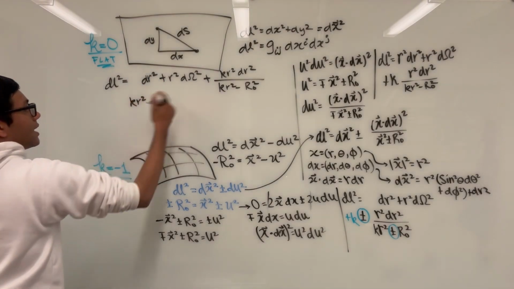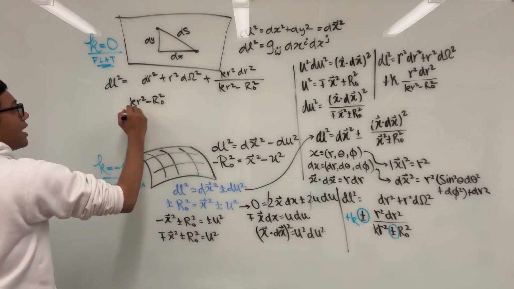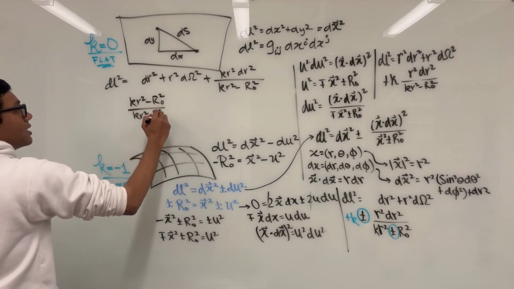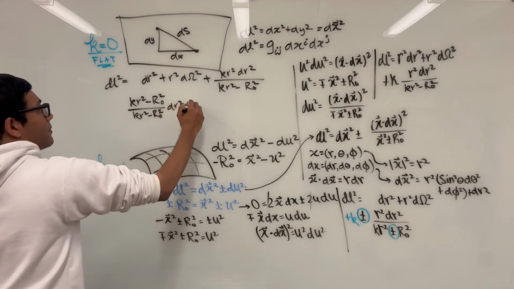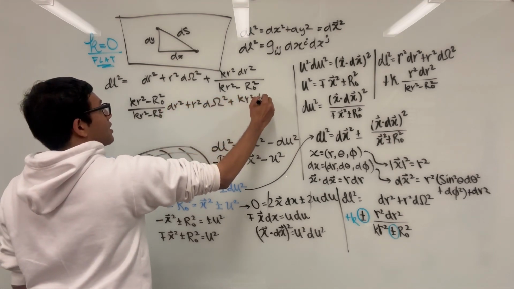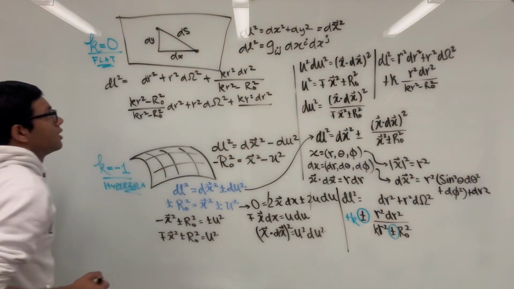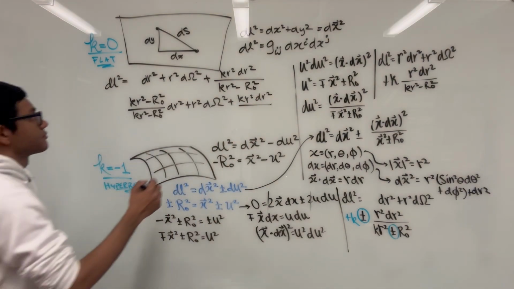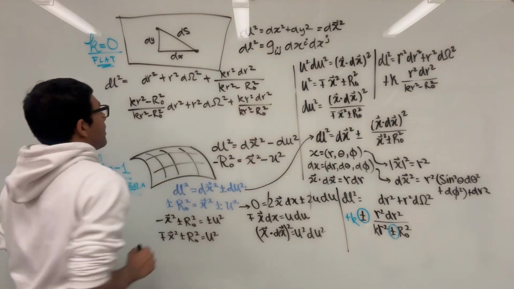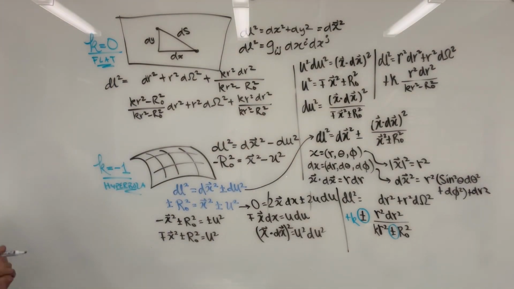by kr squared minus r naught squared to have equal numerator and denominator, then I have this, okay, plus r squared d sigma squared plus kr squared dr squared, okay, kr squared minus. Okay, so let's see.